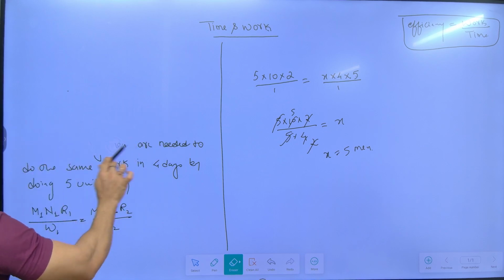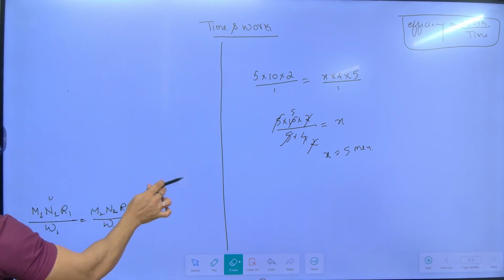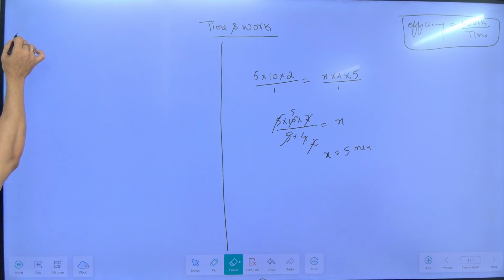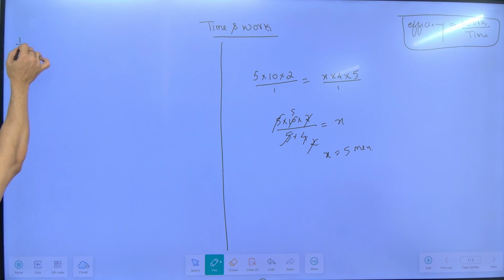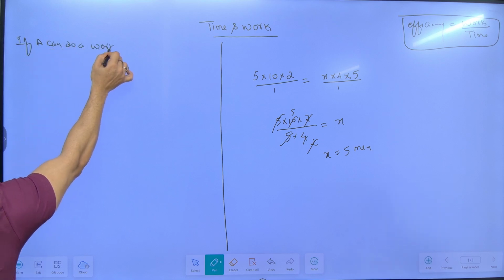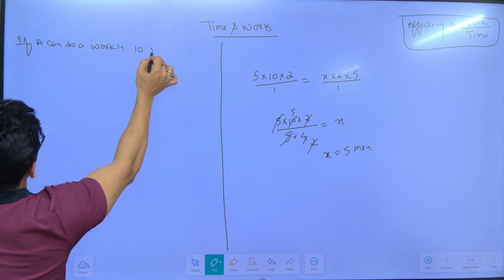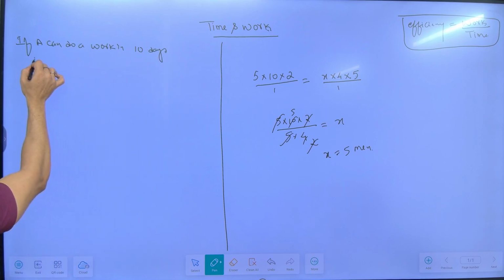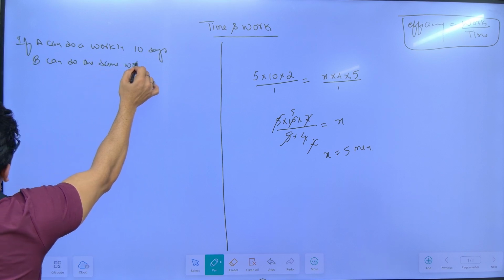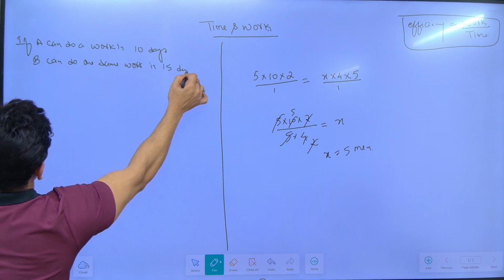Now, the simplest type of problem which you get in time and work is this: if A can do a work in 10 days and B can do the same work in 15 days.